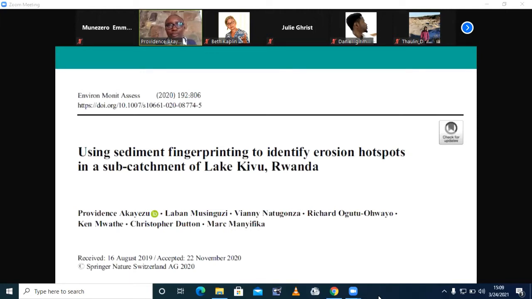We had collaborators from Yale University, and from Rwanda, the former Rwanda Water and Forestry Authority. We conducted the research along with the other project activities, and developed a paper which was published last year in December in the journal Environmental Monitoring and Assessment.